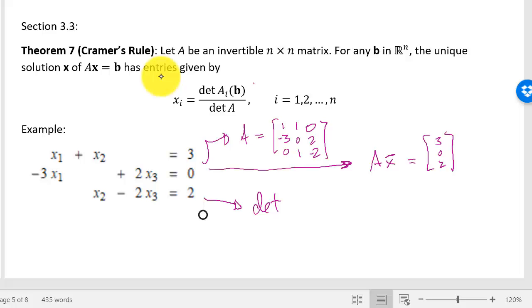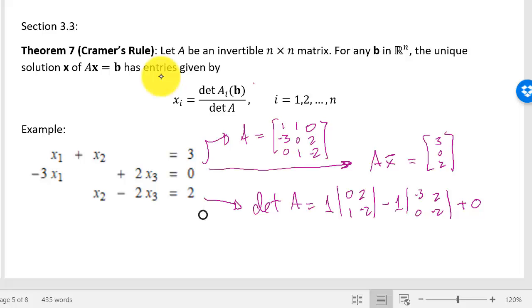Let's go with the first row, and if we expand through the first row, we will have a 1, and then the submatrix here is 0, 2, 1, negative 2. And then we have a negative 1, remember alternating signs, and then the submatrix here is minus 3, 2, 0, negative 2, and then we have a 0 times the submatrix of that.